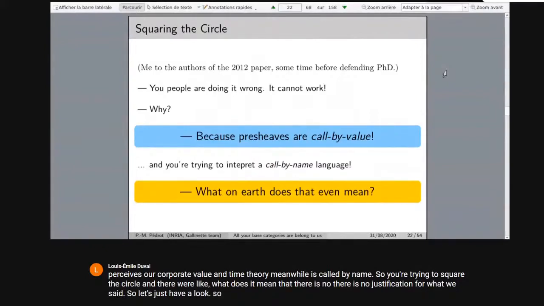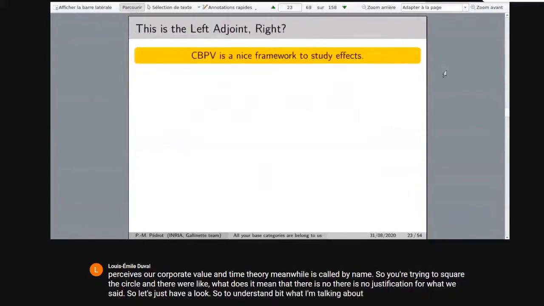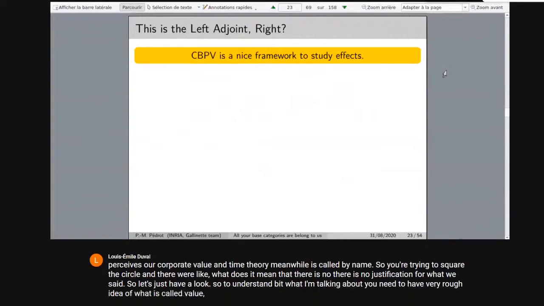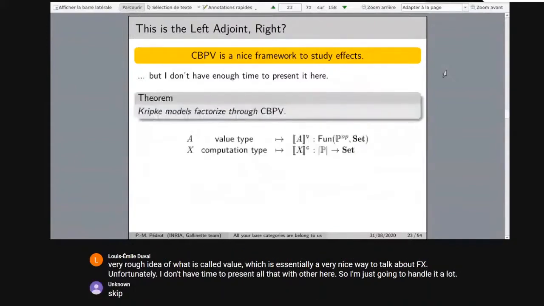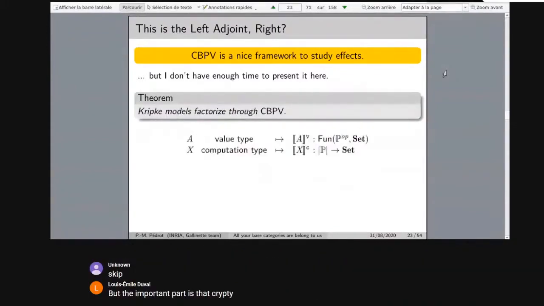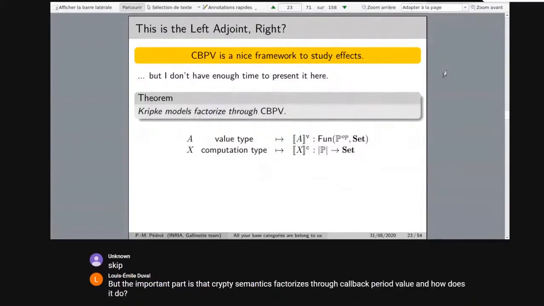So to understand a bit what I'm talking about, you need to have a very rough idea of what is called call-by-push-value, which is essentially a very nice way to talk about effects. Unfortunately, I don't have time to present call-by-push-value here, so I'm just going to hand wave a lot. But the important part is that Kripke semantics factorizes through call-by-push-value. And how does it do it?